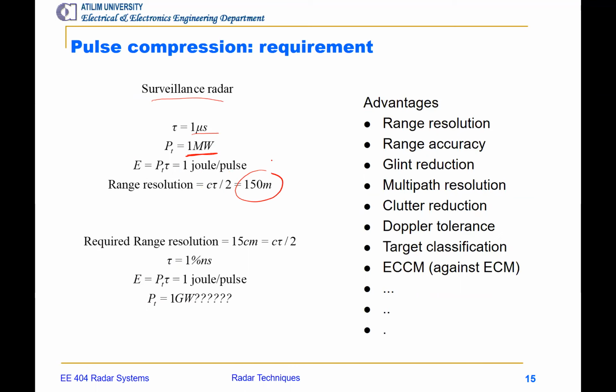If we have a desired range resolution of 15 centimeters, then we have to generate 1 nanosecond pulses, and for 1 joule per pulse, we need 1 gigawatt, which is impossible.